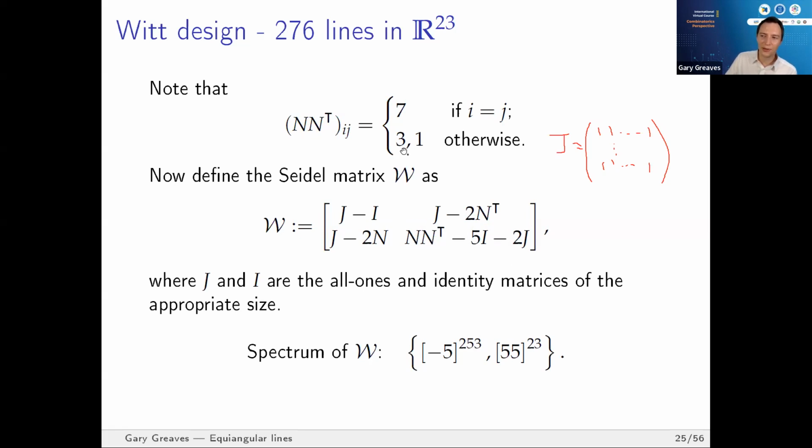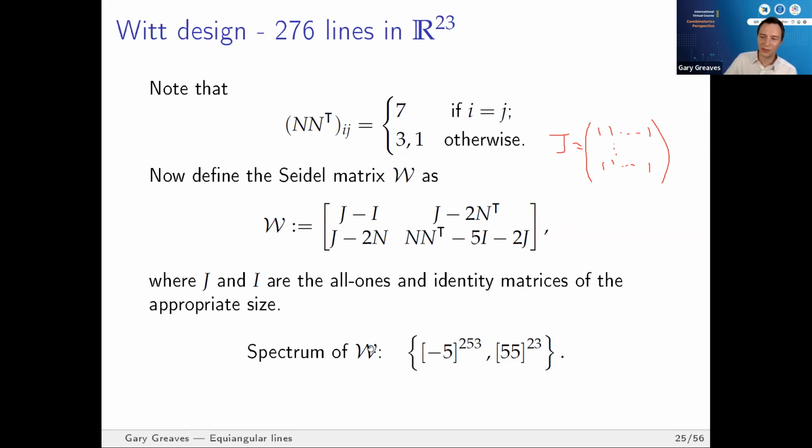On the off diagonal, it's either 3 or 1, and then minus 2. So if it's 3 minus 2, we get 1. If it's 1 minus 2, we get minus 1. So this whole bottom diagonal is also a Seidel matrix.